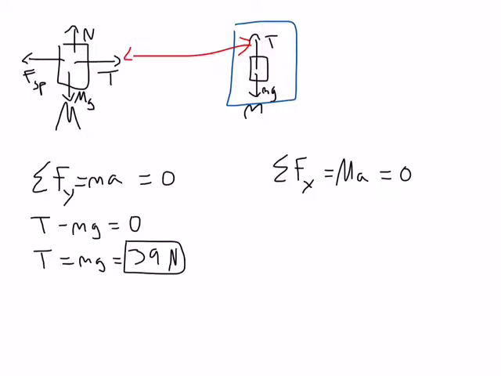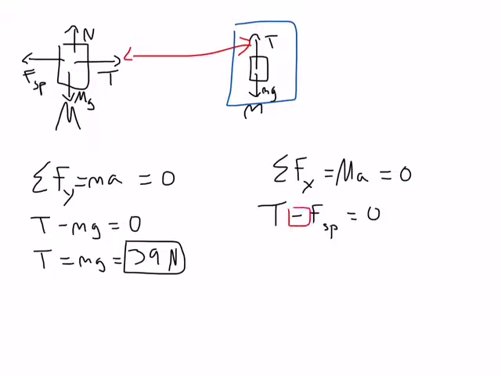We have 2 horizontal forces. Tension is in the positive direction. The spring force is in the negative direction. So that equals 0. But we know how to write the spring force, and I've already assigned the direction with this negative sign.